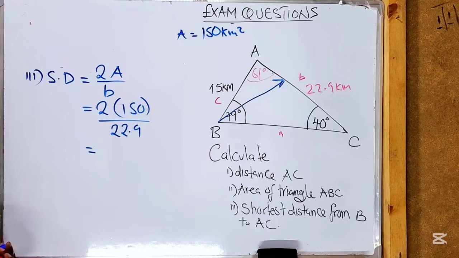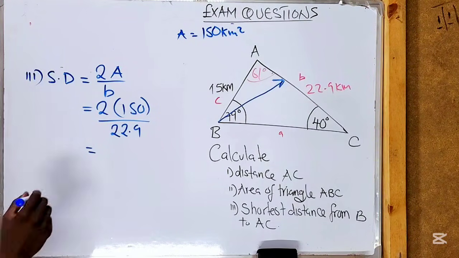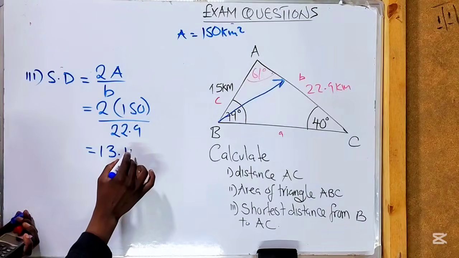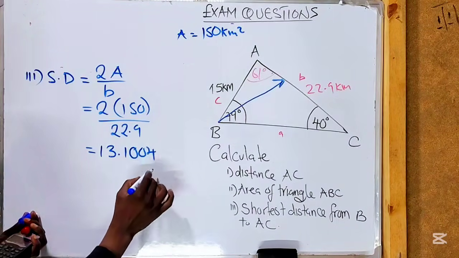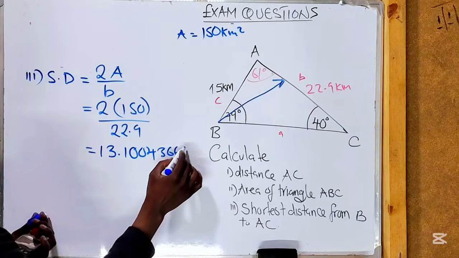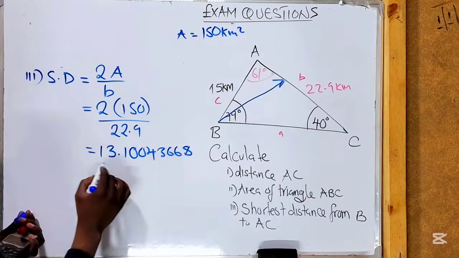Okay, so 2 multiplied by 150, divided by 22.9. This is giving me 13.10436668.